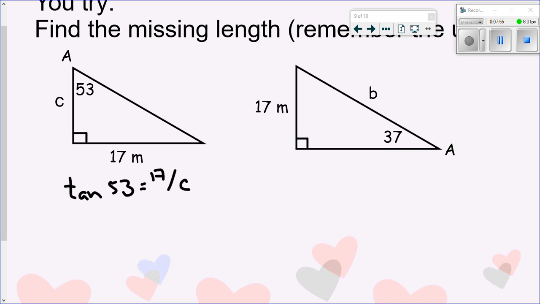Some teachers require that. I am not one of them. However, I'd like to think that your algebra is good enough that you're just jumping right to this, that you can isolate C without having to show me all the steps.